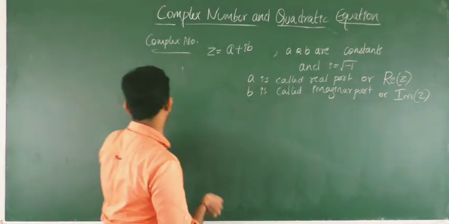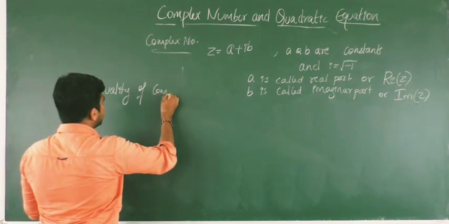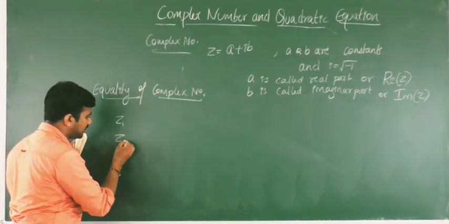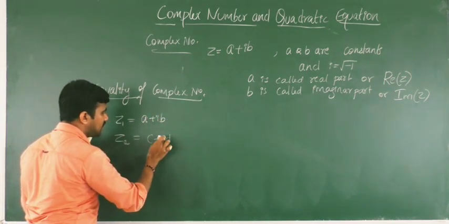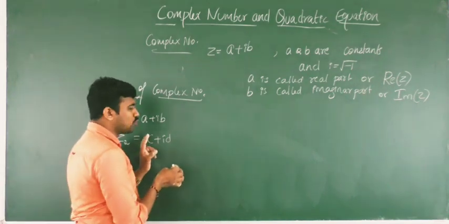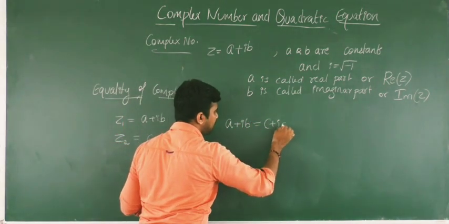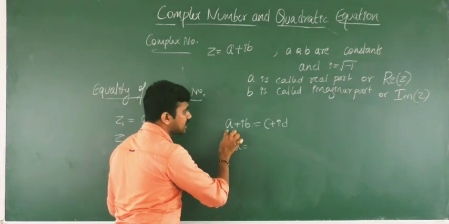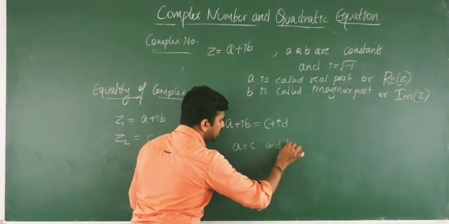If you consider two complex numbers z1 and z2, where z1 = a + ib and z2 = c + id, and these are equal, a + ib = c + id, then the corresponding components are equal: the real part of the first complex number is equal to the real part of the second, that is a = c, and b = d.